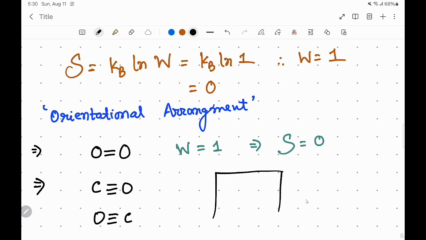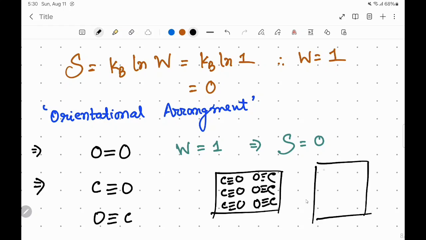Let's say you have a box of CO molecules like this. Let's say all are like this or this. Now if you just rotate the box, what will occur? It will be like this, OC.